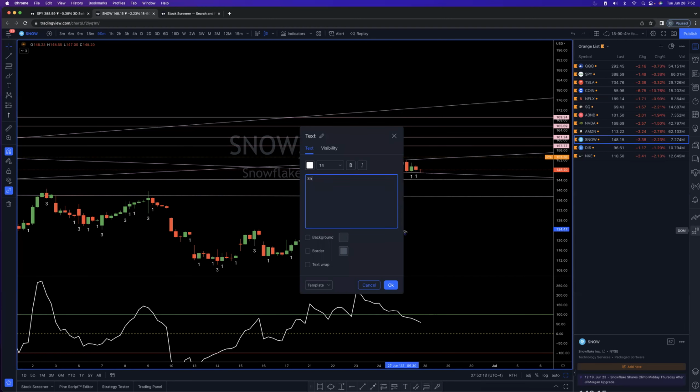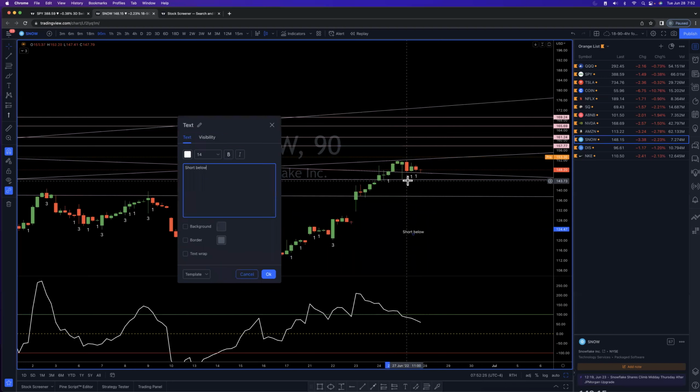All right, so we're going to go short below, but remember we have to use those signals, guys, on the shorter time frame. So we're going to go short below this range. I'm going to call it 147 with CCI below -100 on the 18 minute at open.